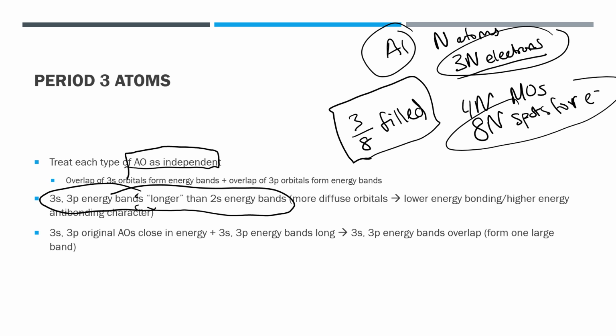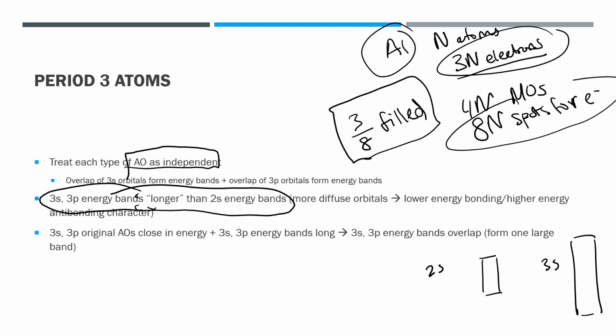And that just means that these energy bands, if I drew them out, if we had 2s here, our band might look like that. If we have 3s, our band is going to be longer, so we're going to have a longer energy band. Next, the original atomic orbitals 3s and 3p are much closer in energy than 2s and 2p.